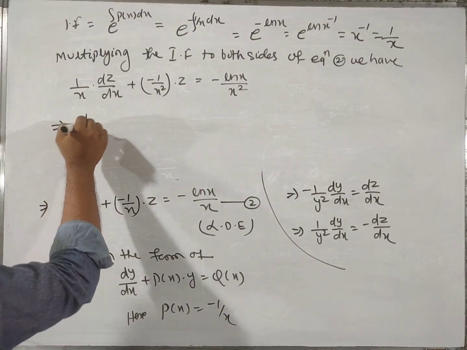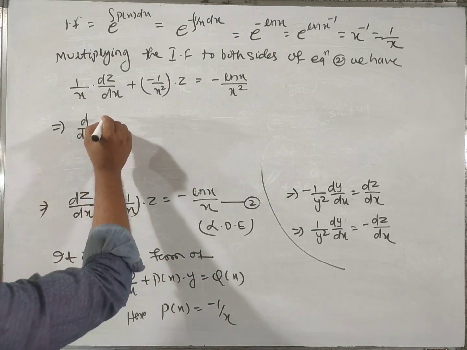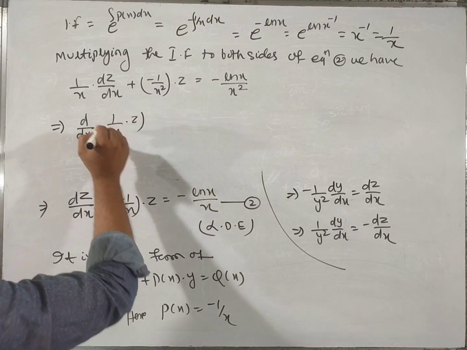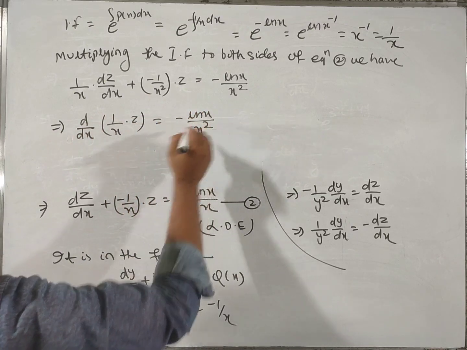Then it can be expressed in the form of the derivative of 1 upon x multiplied with z, and it will be minus ln x divided by x square.